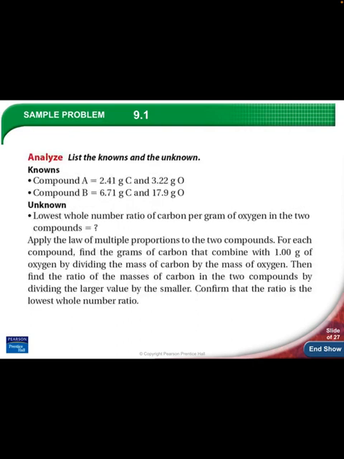mass of oxygen. What you do is a little cross multiplication, and you solve each of them for how much carbon would combine with 1 gram of oxygen in each case.